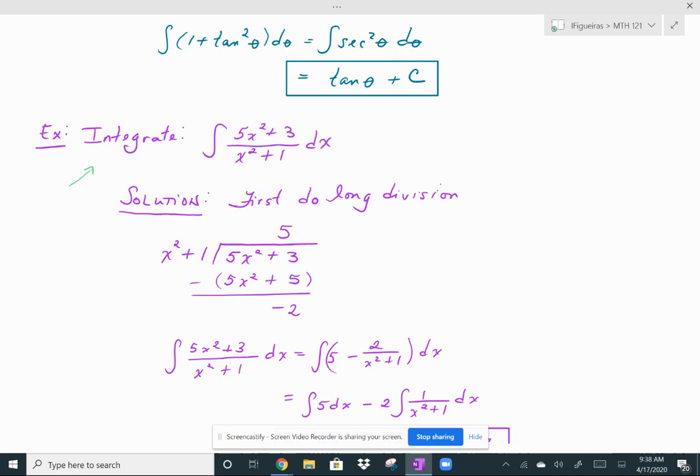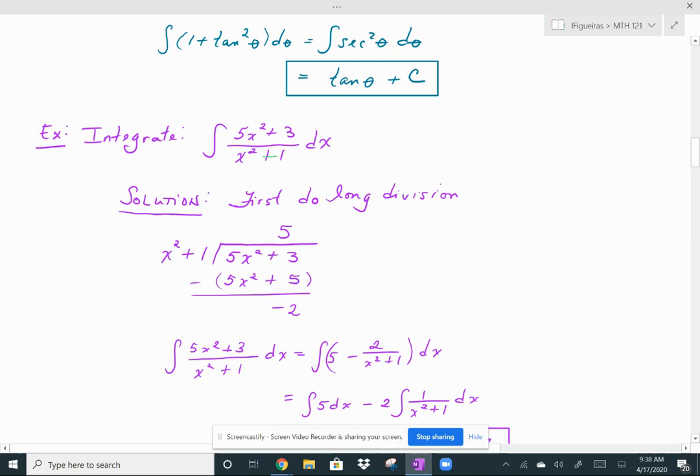We don't have an anti-quotient rule, but there is another trick we can apply here, and this trick is often used when the degree of the expression in the numerator is equal to or greater than the degree in the denominator. So here, the degree in the numerator is equal to the degree in the denominator. Okay, and the trick is to apply long division so that we can rewrite this in a different way.